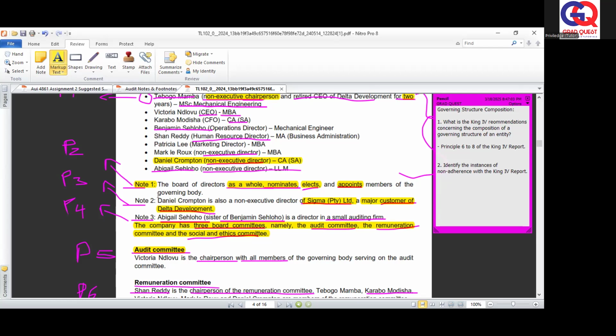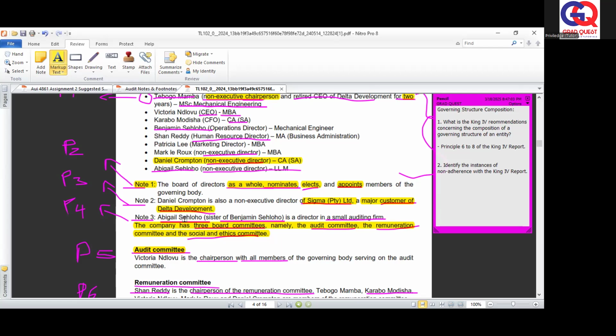However, he's not independent owing to the related party relations that he has in Sigma Pty Limited, who happens to be a major customer to Delta Development. That's one of the things that you could have mentioned. So the key point regarding Daniel Crompton is the fact that he's not independent, simply because of the related party relationship.